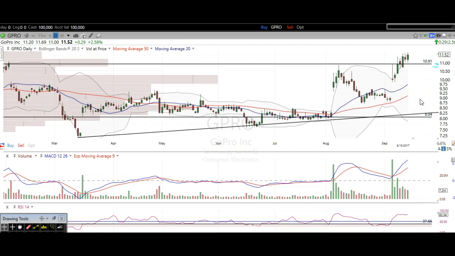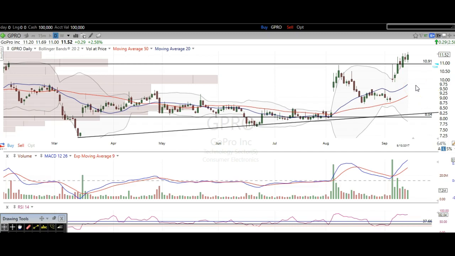That's the difference. You can take these small paper cuts versus a big, huge wound if you sold down here at 9. So just going over a little example here. Again, I'm bullish on GoPro as long as it's over 10.90.